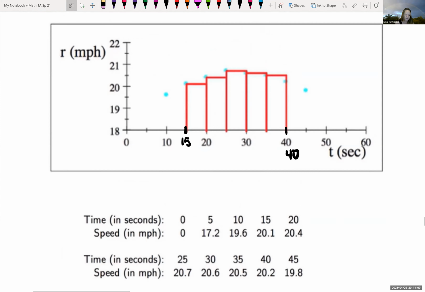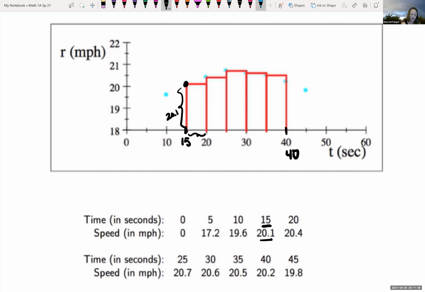When t is, and it's our left-hand endpoint, we're going to start our height of our rectangle at that speed at 15. So that speed at 15 is 20.1. And this distance in here, or time, is 5.